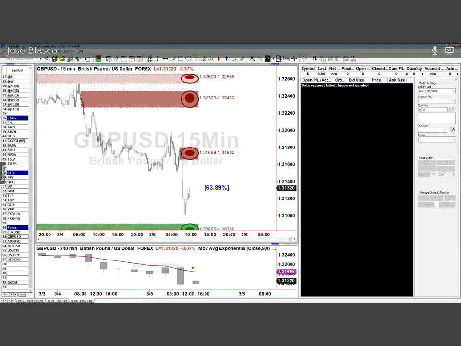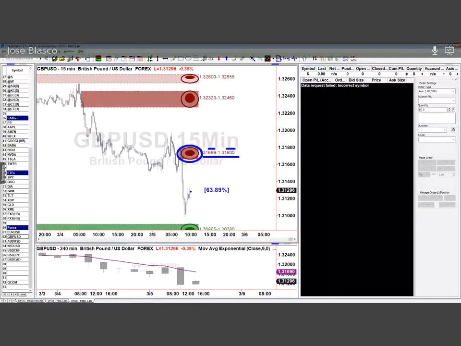So what are we trying to do? We are trying to get short around the average price. The average price for the Great British Pound US dollar happens to be 131.69, and exactly at 131.69, from 131.69 to 131.80, okay, we have a beautiful UFO waiting for us.